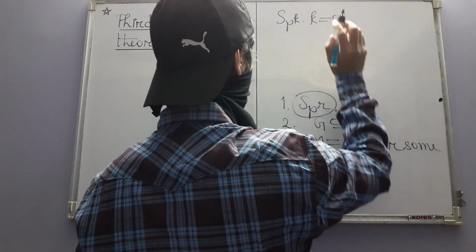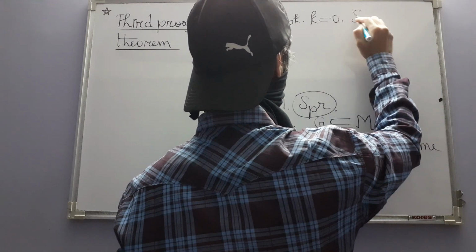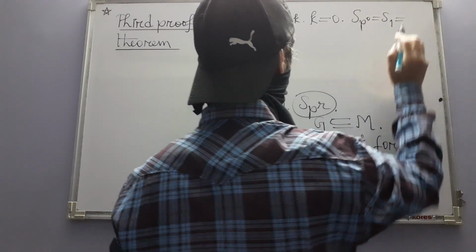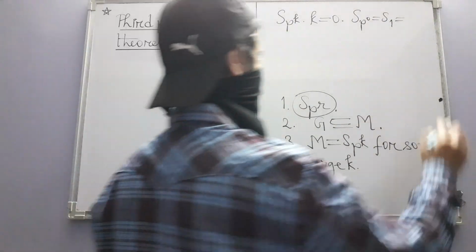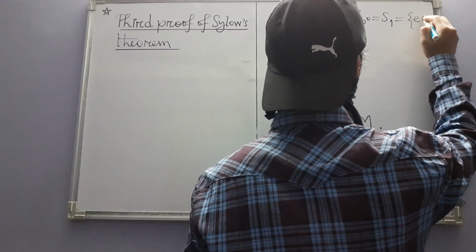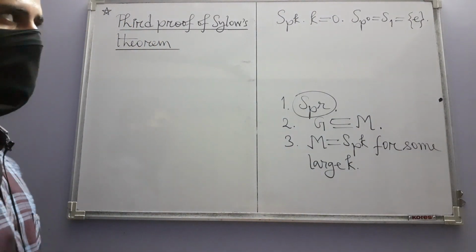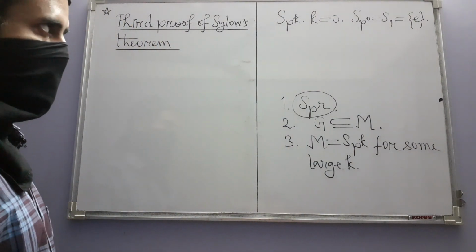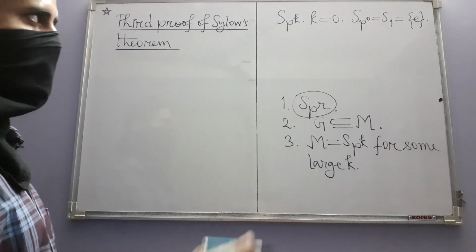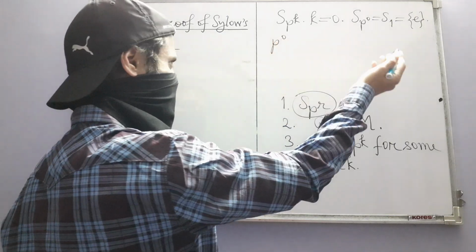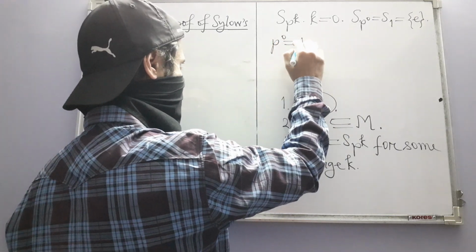So that is our first trivial case. In that case, our group is just S_1, which is essentially the group with one element. And the only relevant power of p that divides the order of this group is p to the power 0, because in this case the order is 1.